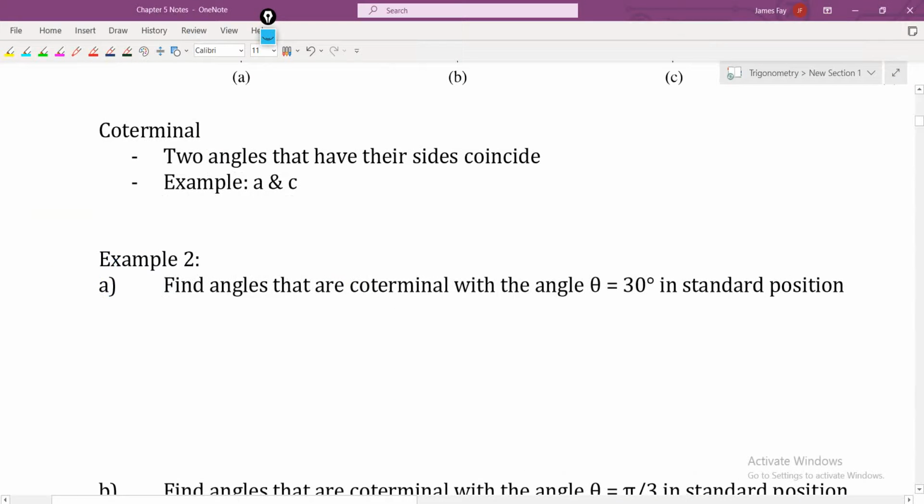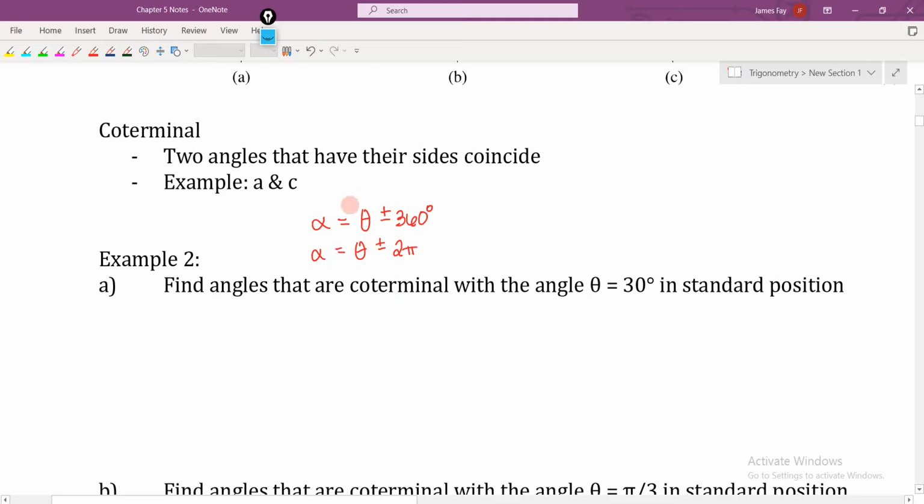So what we find out here is that the way that we're going to determine coterminal angles is we're going to take the angle provided. So I'm just going to write alpha, okay, is equal to theta plus or minus 360 degrees, or alpha is equal to theta plus or minus 2 pi radians.